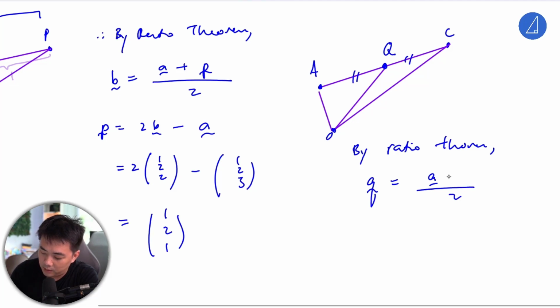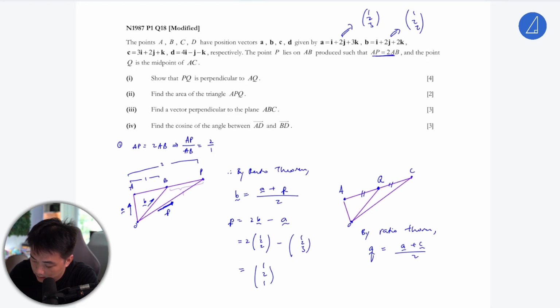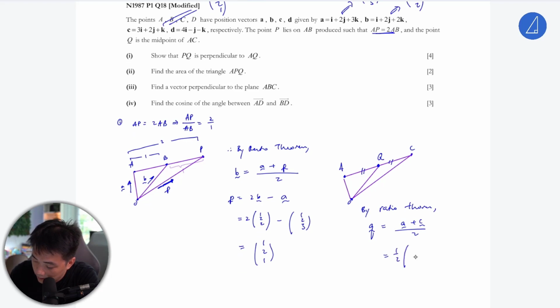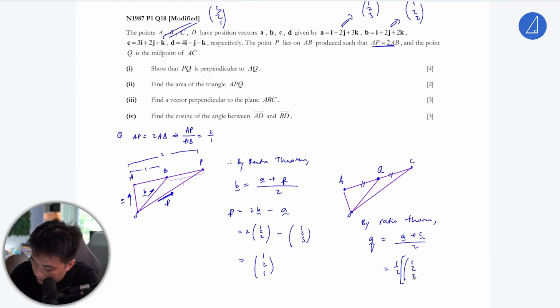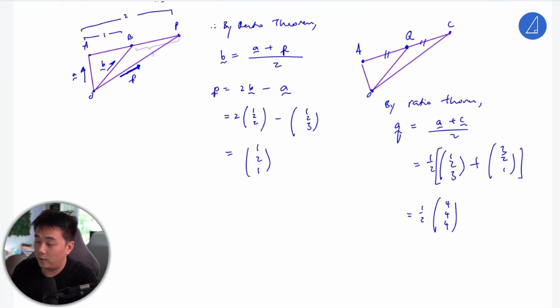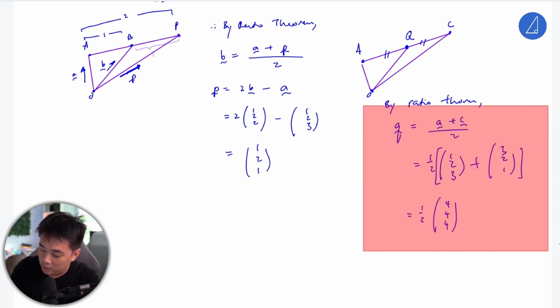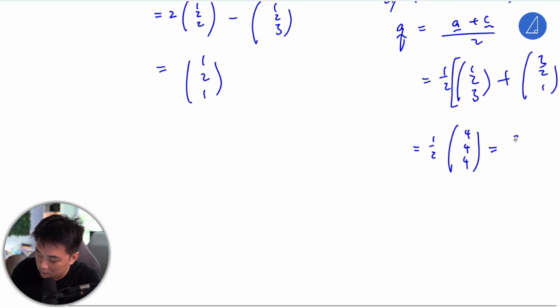A is 1, 2, 3 and C is 3, 2, 1. So half of 1, 2, 3 plus 3, 2, 1. Sum them up: 4, 4, 4. Then half of 4, 4, 4 gives 2, 2, 2.